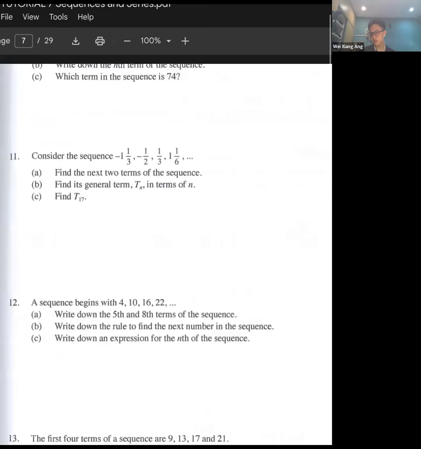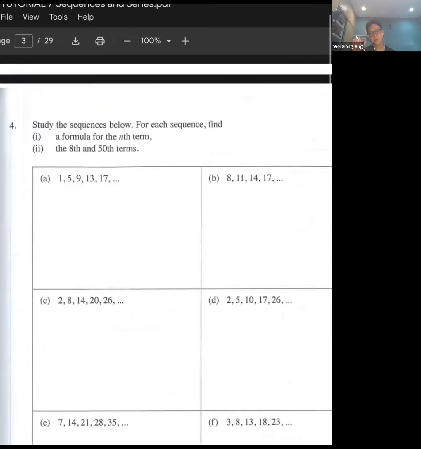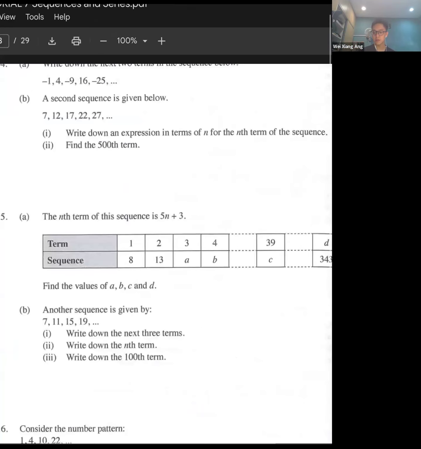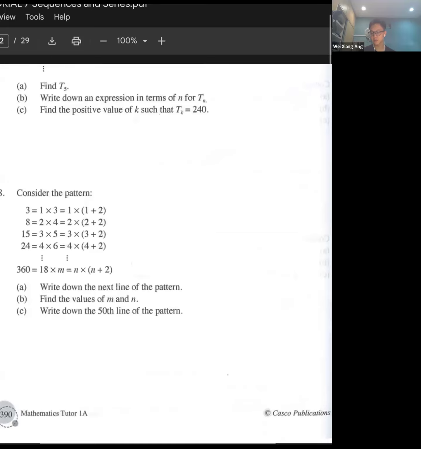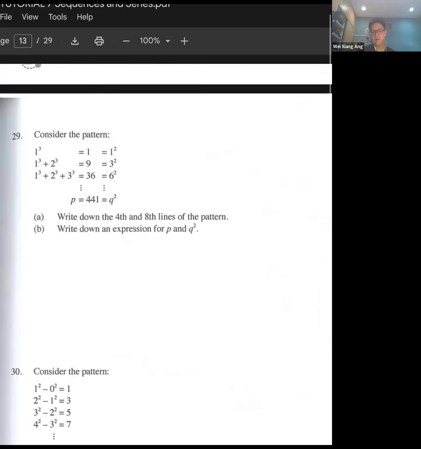Usually, because I've seen a lot of past year papers, usually they'll come out one question like this. Very simple one, no context, just ask you for the next two terms, maybe give you 3 marks. Then part B, the second part, they'll come out these kinds of pattern questions, and they are worth a lot of marks. It comes out every year.